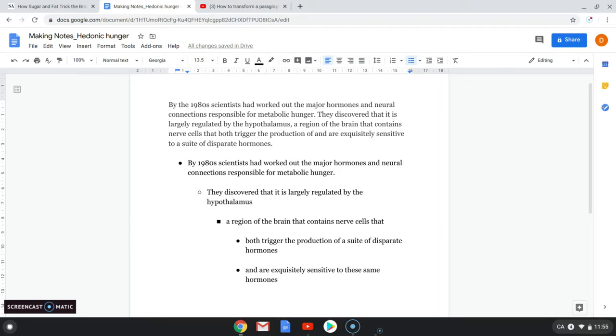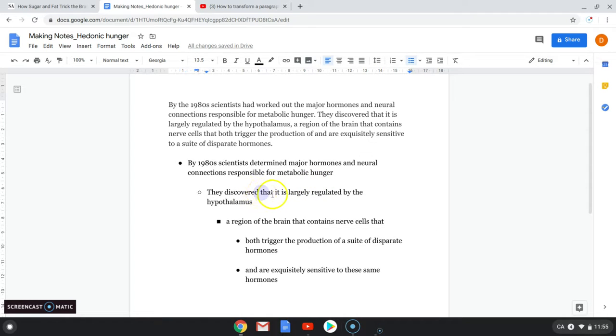By 1980, scientists had worked out the major hormones. Let's simplify that. Instead of had worked out, let's just say they determined. Okay, and we'll get rid of the word the. Major hormones and neural connections responsible for metabolic hunger. Still a mouthful, but it works. They discovered. Do we need the they discovered?